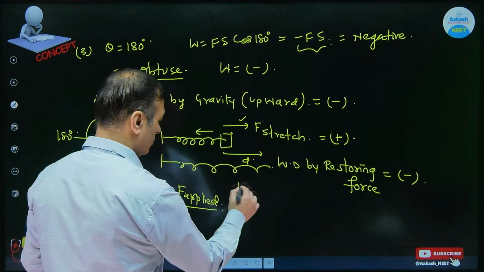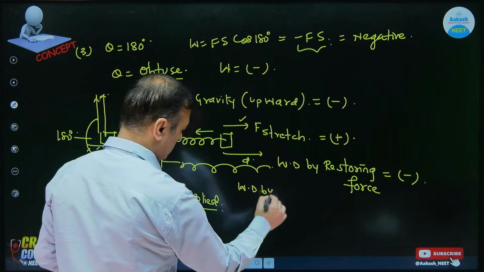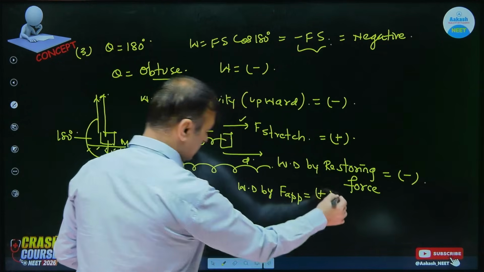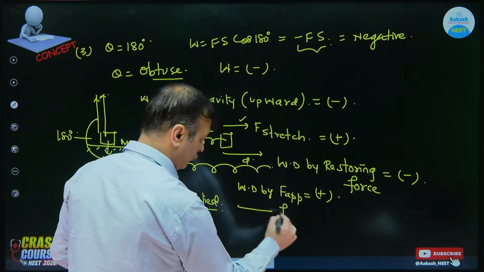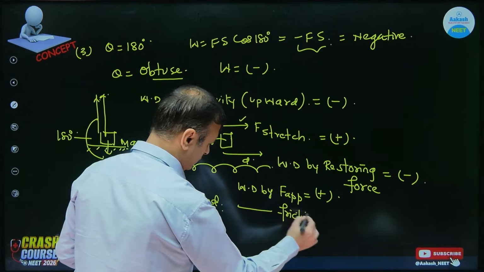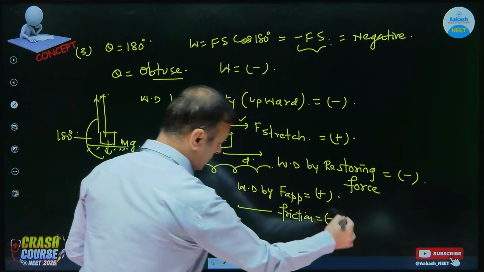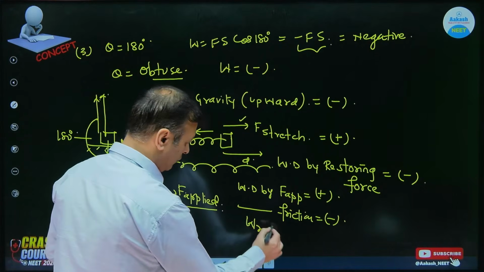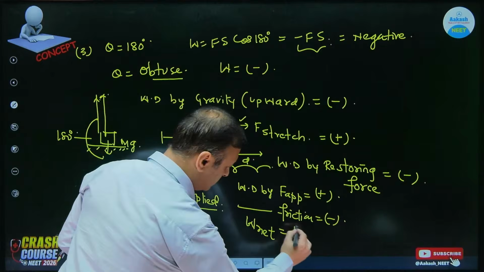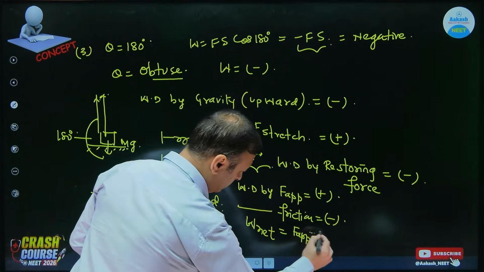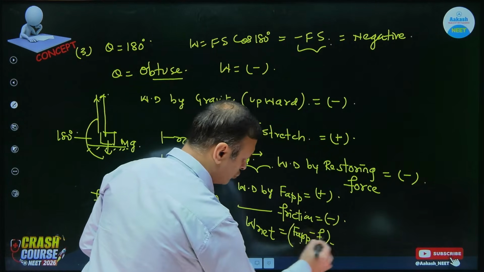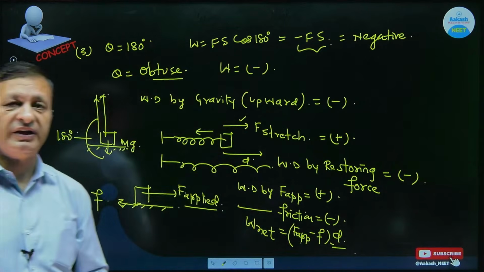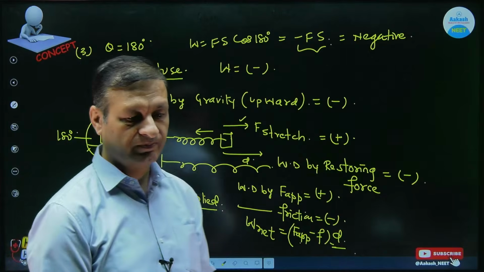So work done by applied force is positive, whereas work done by force of friction is negative. And if I have to find out the net work done, that means F applied minus force of friction is the net force multiplied by the displacement of the body. That would define the net work done.